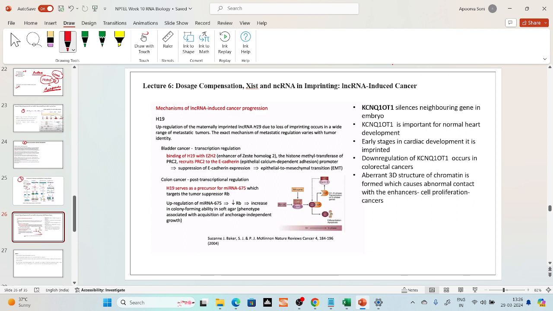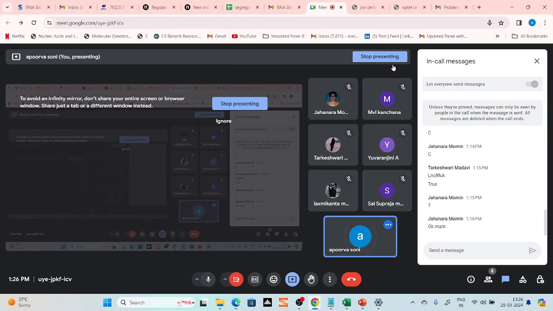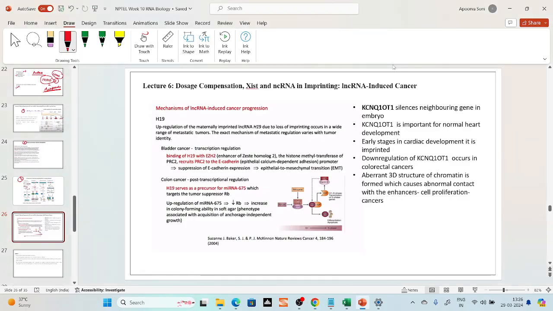And then there is another example in colon cancer, where H19 serves as a precursor for miRNA 675, which targets the tumor suppressor. So these are all the mechanisms. You can read these mechanisms, but even if you're not going into the depth of the mechanism, that's fine.